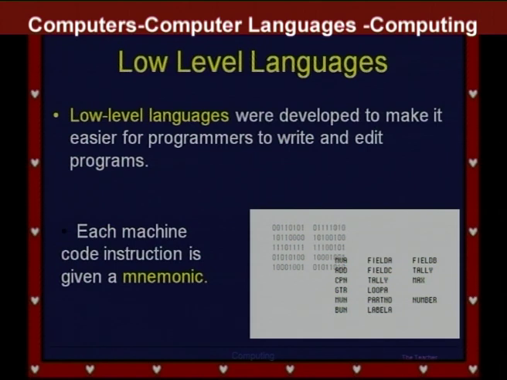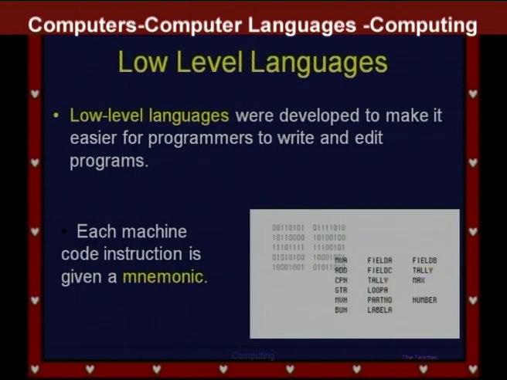This is English. Suppose there is no low level language or high level language. So how should I type? I should type zeros and ones only, and that is very tough for a human to do, right?